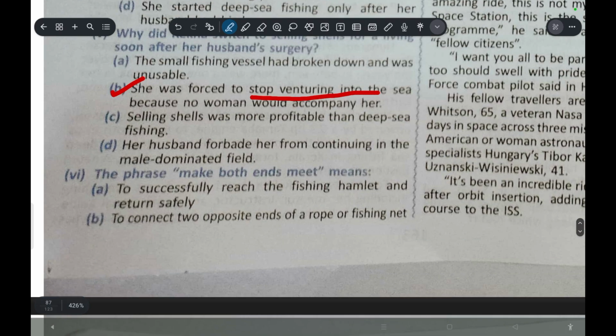Now, the question number 6. So, 5 questions from the text and then it's from grammar.